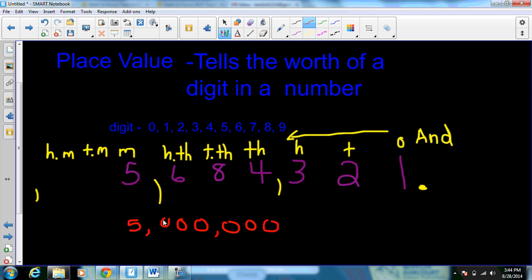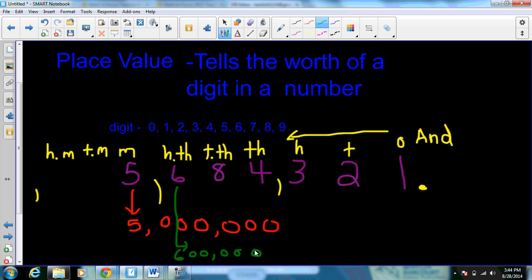You can keep going on. You have the 6 here. The 6 in this number is worth 600,000 because the digit 6 is in the 100,000s place. So we can write 600,000.